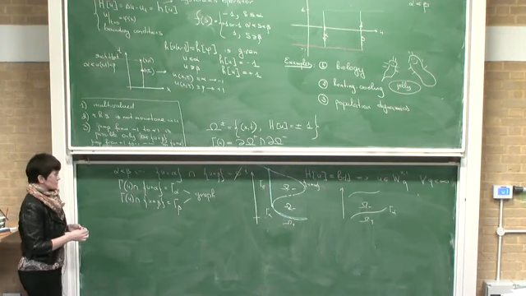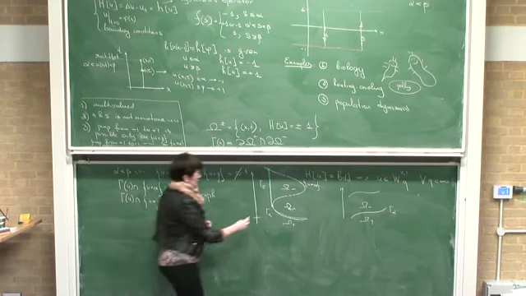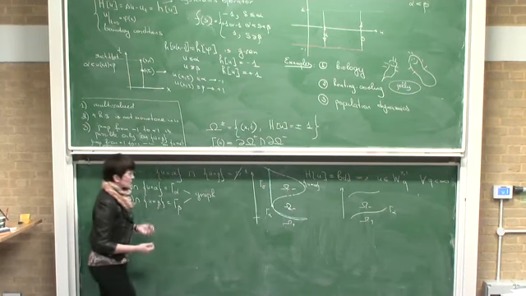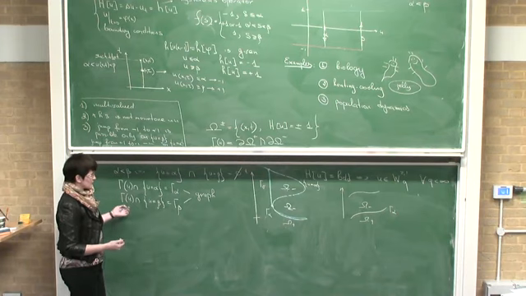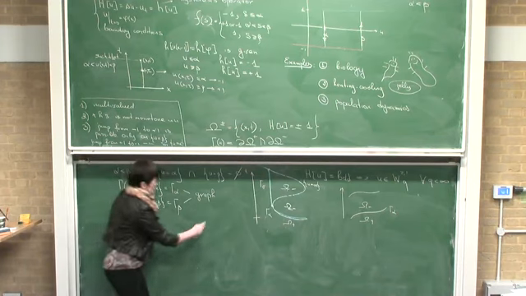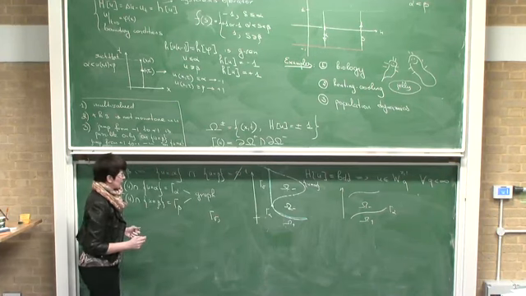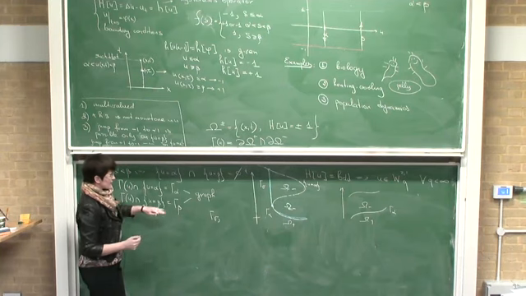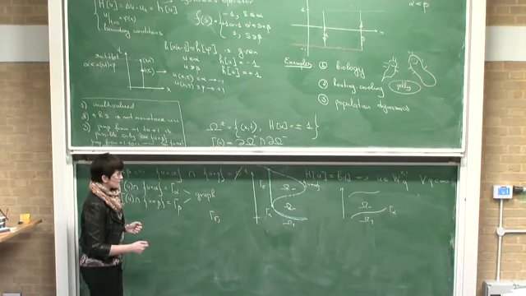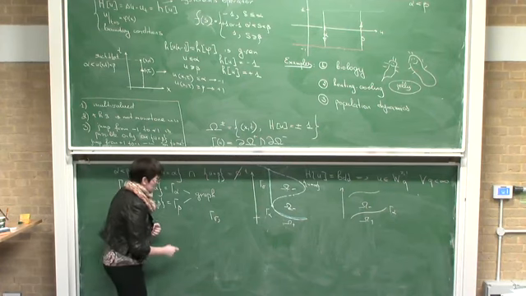Good. So what parts of the free boundary can we have? We can have this vertical part, gamma vertical, and then we can also separate the rest into two subsets.